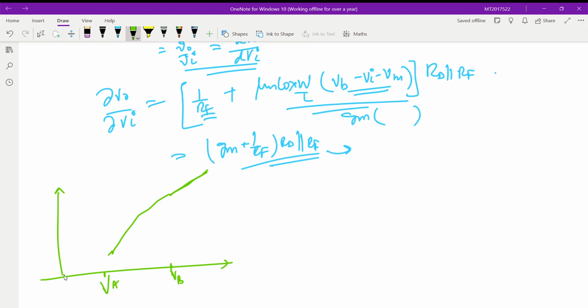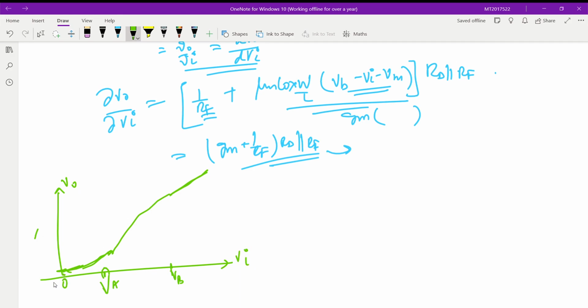So between 0 and VA, the transistor is in triode, and we can very well say that to maintain the continuity at position VA, we can make it like this. The important thing to note here is that Vout at Vin equal to 0 will not be 0.